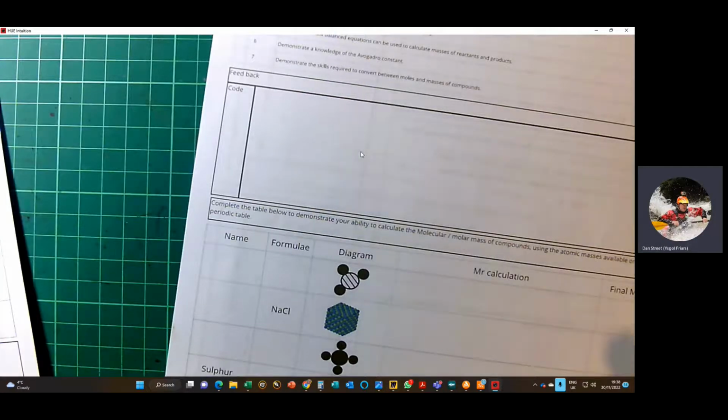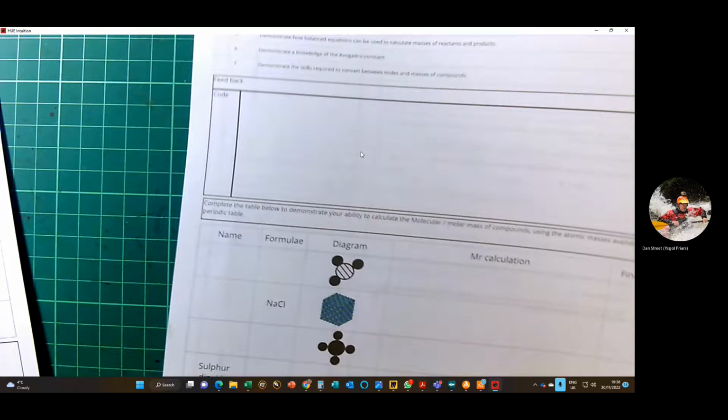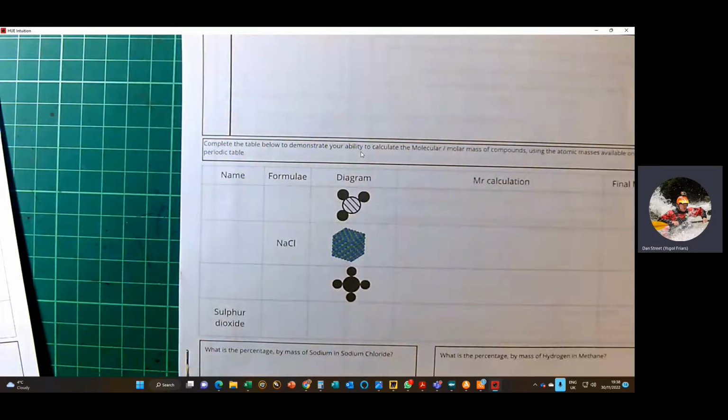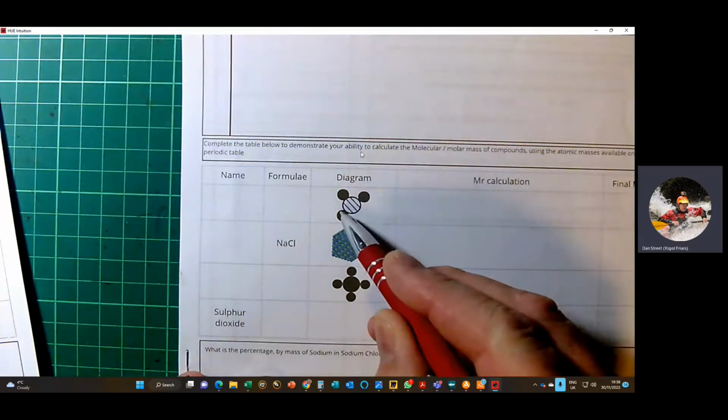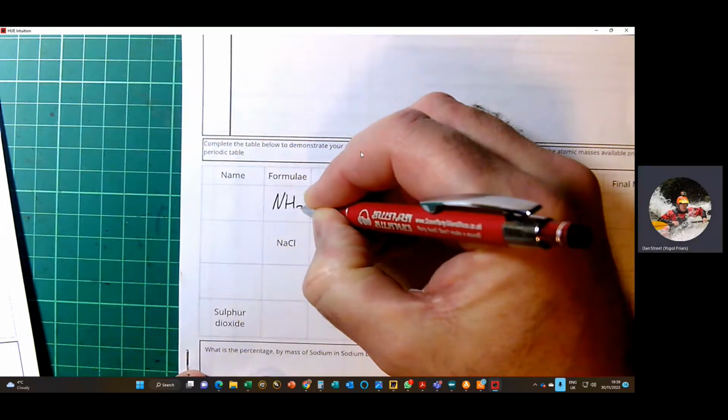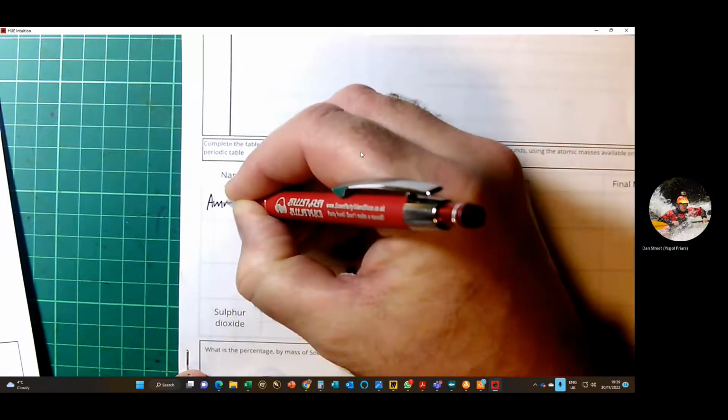Okay, so these compounds here are taken from earlier work, so hopefully you'll recognize them. So this one here is NH3, which is known as ammonia.